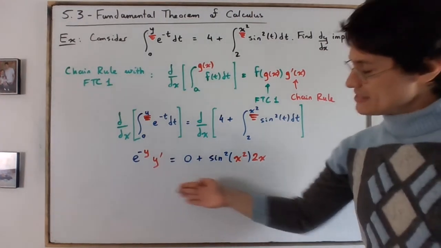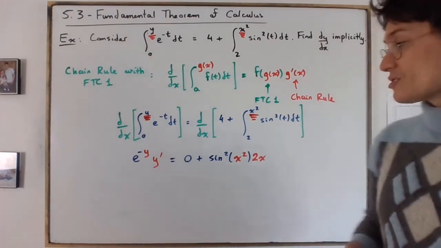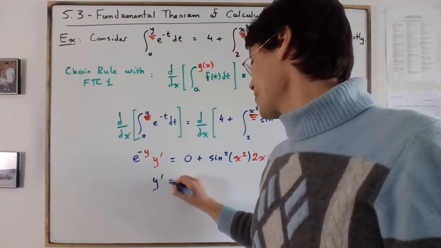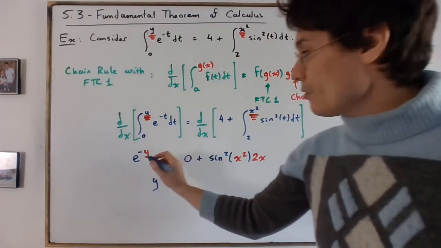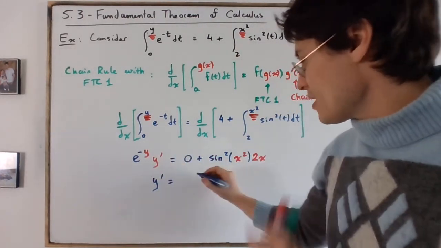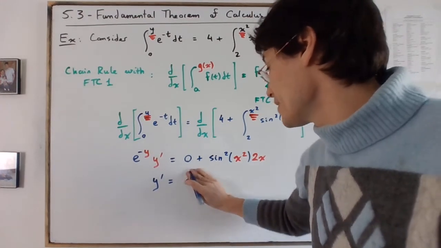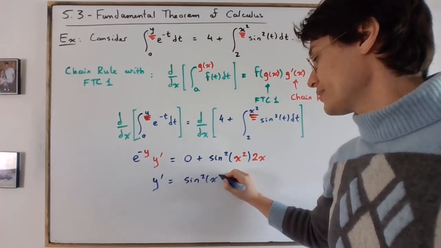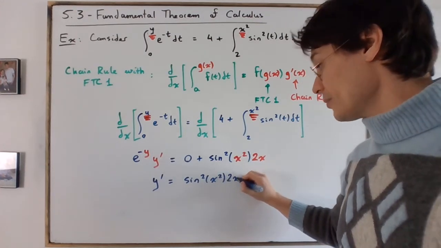Now that this is done, the only thing you need to do is solve for y prime, which is very easy in this case. So y prime is going to be equal to sine squared of x squared times 2x.